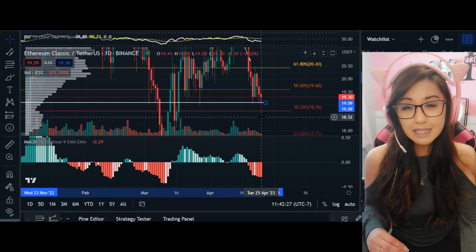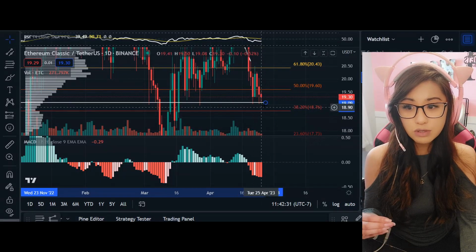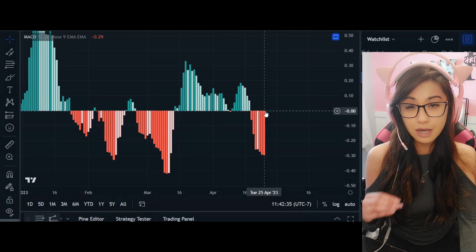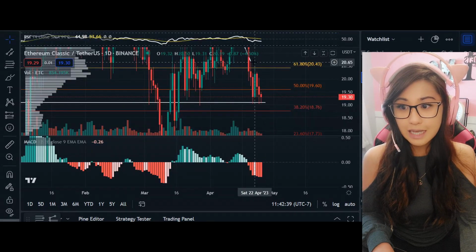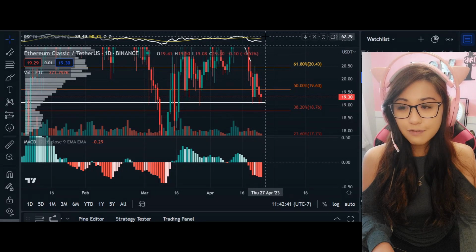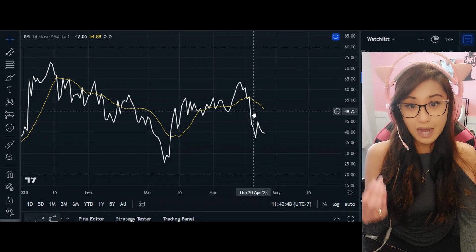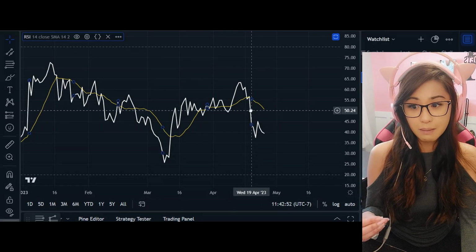Yes, we may be considered oversold and may see a nice reversal, but until we do see that reversal, we want to see some lighter histograms, or this number coming closer to the zero point. Another thing on the daily time frame, the RSI is below the 50%, and anything below the 50% is either going to gradually continue lower on the RSI or is considered a bear market.